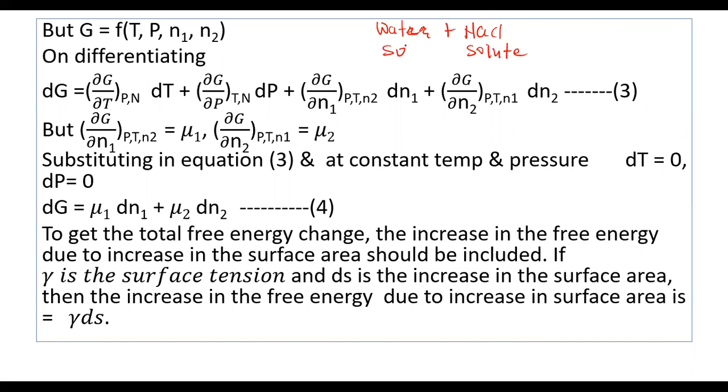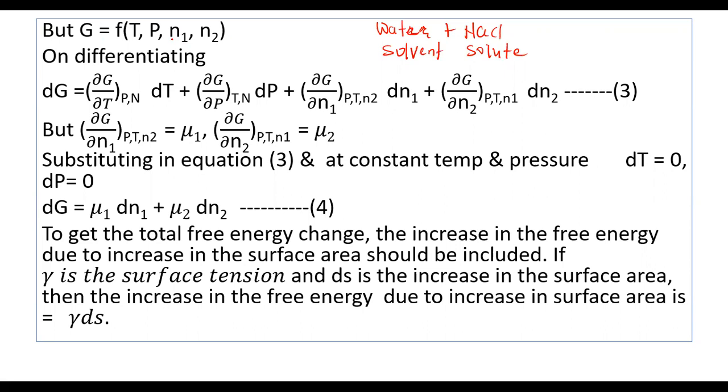The free energy depends upon temperature, because free energy will change when temperature changes. It is a function of pressure; as the pressure changes, free energy changes. It is also a function of the number of moles of the constituents; as we change the number of moles, the free energy also changes.